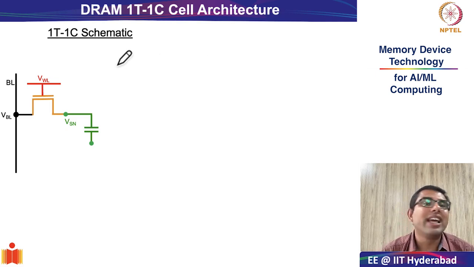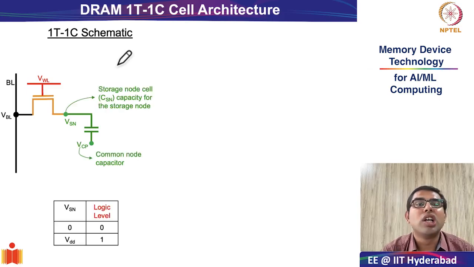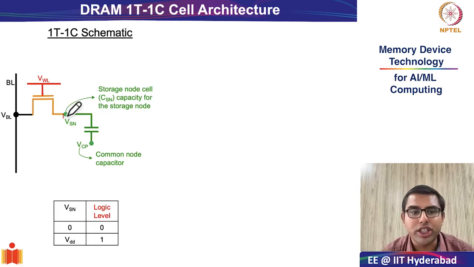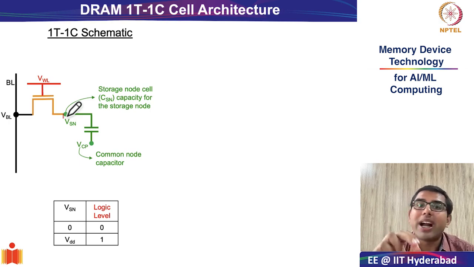The most important part of this 1T 1C arrangement is, of course, your storage node. The storage node is the intersection between your access transistor and this capacitor. This common node between the access transistor and the capacitor is known as the storage node, and it is the most vital functional part of your 1T 1C cell.